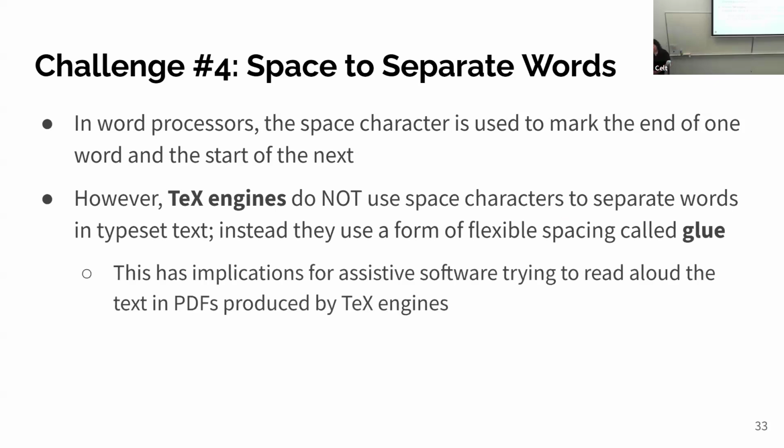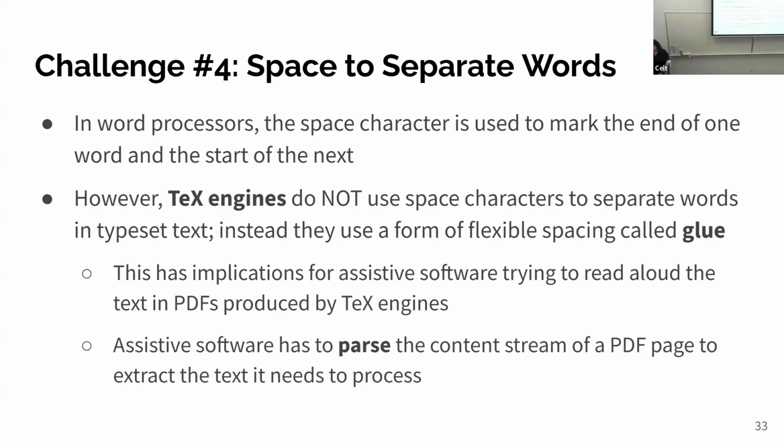And it has implications for assistive software that's trying to read aloud the text in PDFs produced by text engines. One of the implications is that assistive software has to parse the content stream of a PDF page to extract the text that it needs to process. So that's another very technical challenge, really.